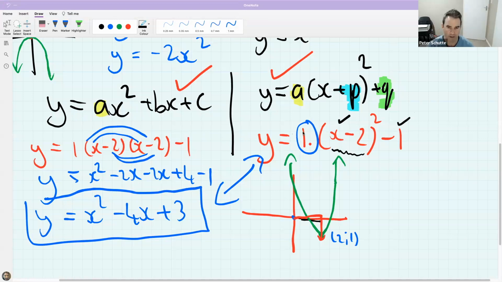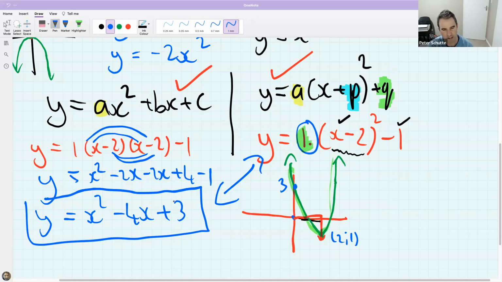What's more common is for it to be a -2 or a 3, and then you would have to multiply it out. But this number tells you whether or not the graph is happy or sad. So that's why I knew this was going to be a happy graph, even though I didn't know exactly what was going on yet. But if I look at this, I know that the y-intercept would be 3, and that's quite easy to see from the standard form.